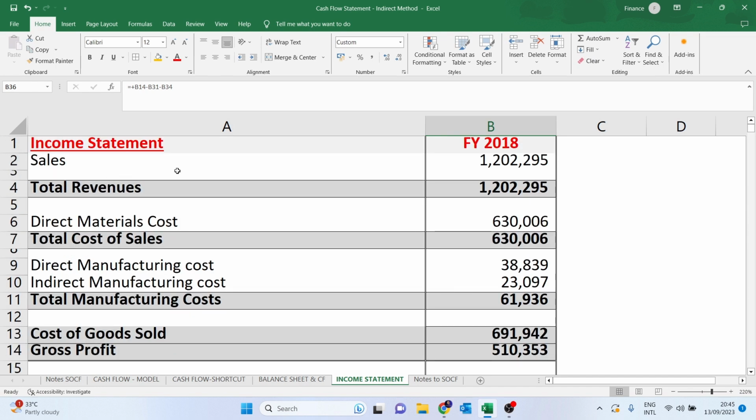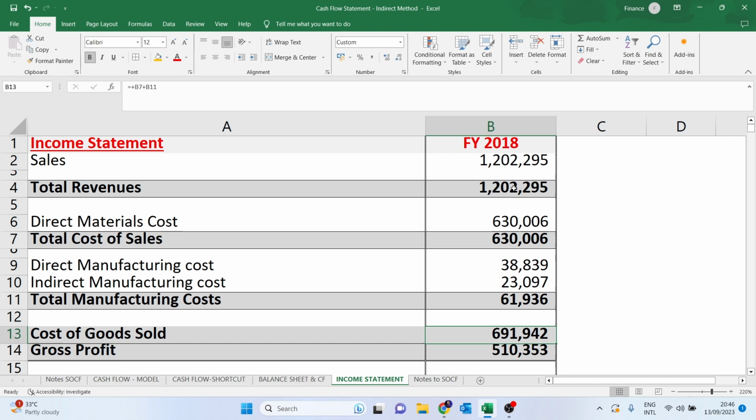Here you can see the income statement: total sales, direct material cost, whatever cost you have paid for the materials used to produce this number of sales, and direct and indirect manufacturing cost we have paid during production. These three make the cost of goods sold, which is 691.